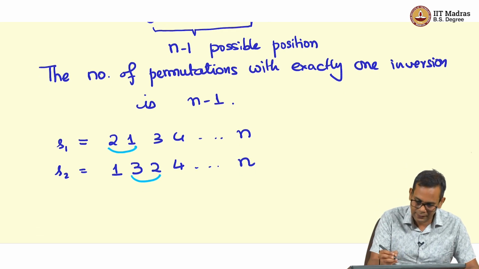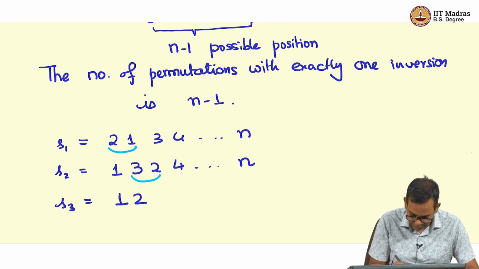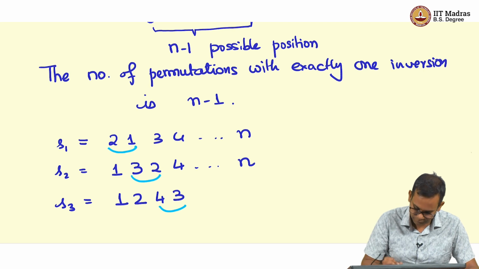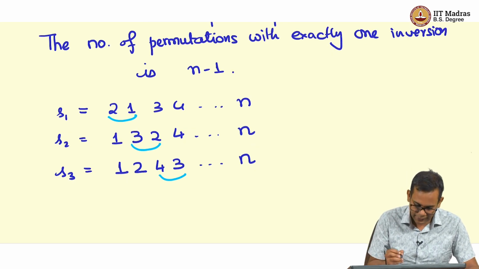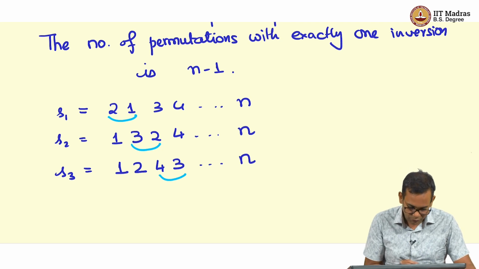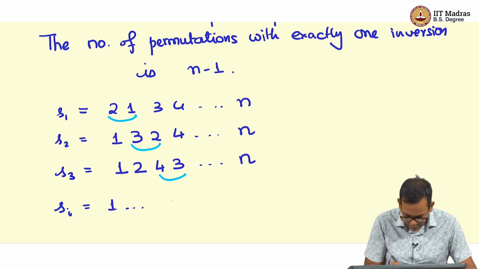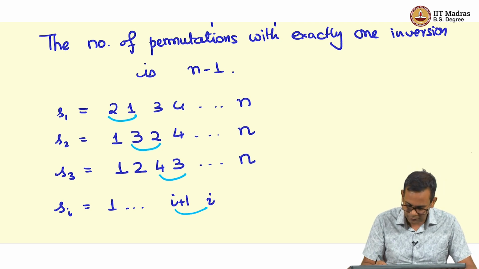And S3: 1, 2, and then I switch around 4 and 3, keeping everything else the same. In general, I would take Si to be the permutation where I switch i plus 1 and i, and everything else is kept in order.